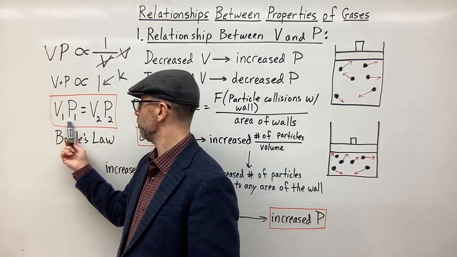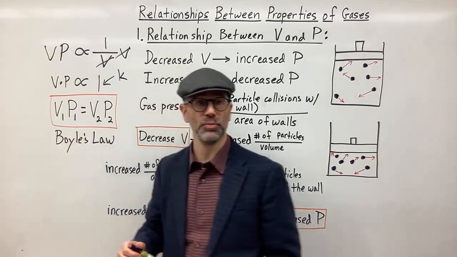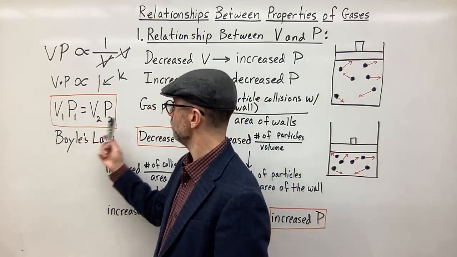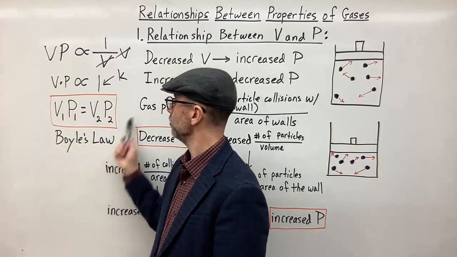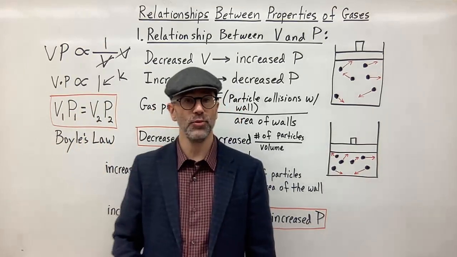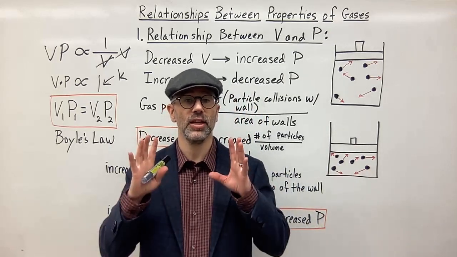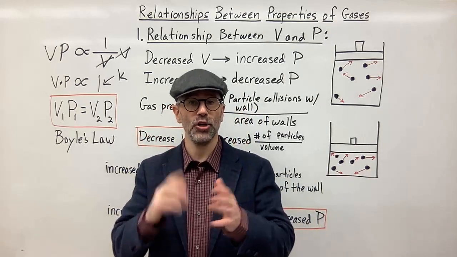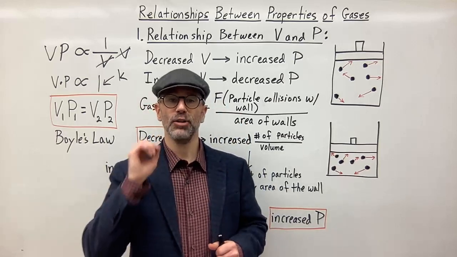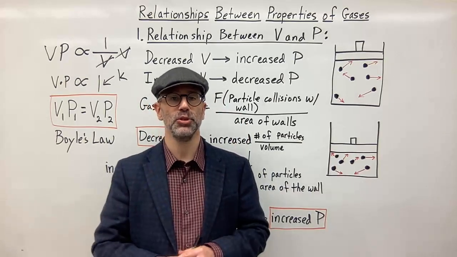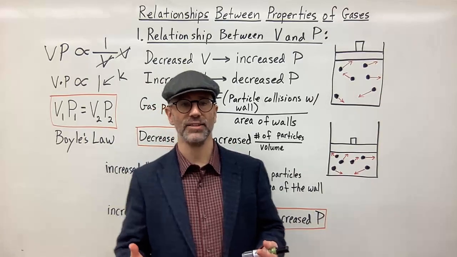If I double the pressure, then I have to halve the volume, right? So this is Boyle's law. That's one of the relationships between the properties of gases, volume and pressure. Now let's go to the next relationship between our properties of gases.